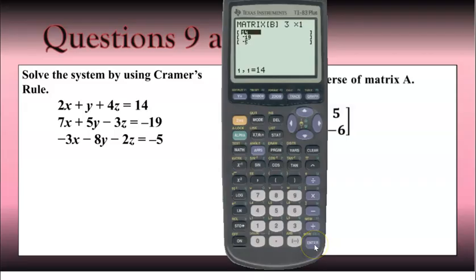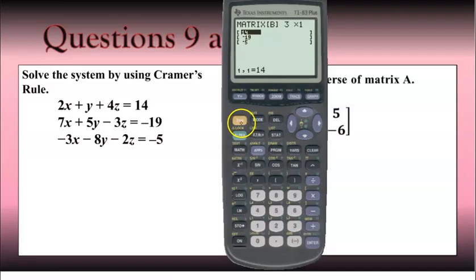This one's a 3 by 1, and I have my 14, negative 19, and negative 5 here. So what we're going to be doing here is really we're finding the inverse of the coefficient matrix, and then we're going to be multiplying that by the solution matrix.